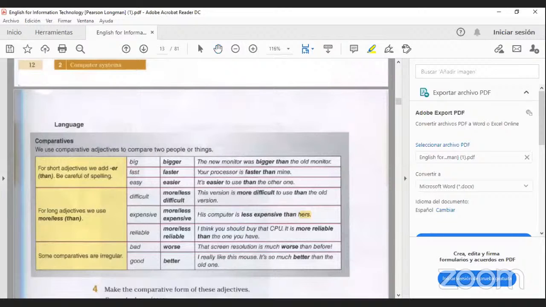The S means that the thing we are talking about belongs to the name that has the S.